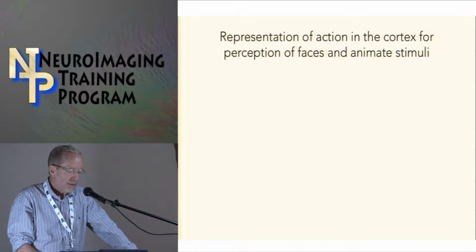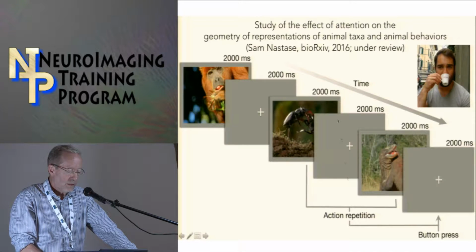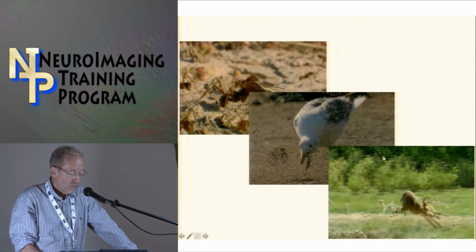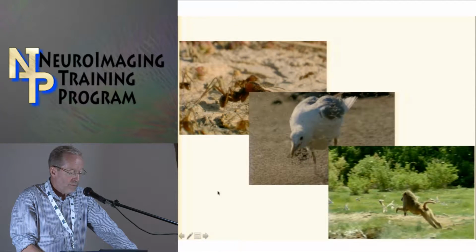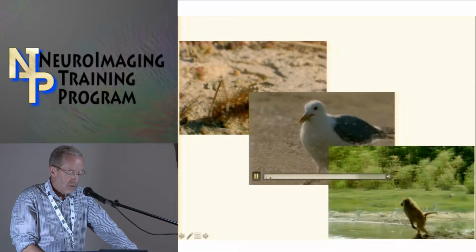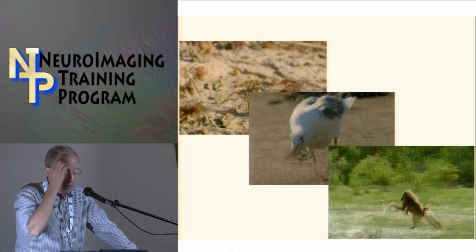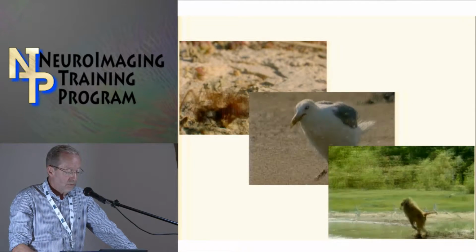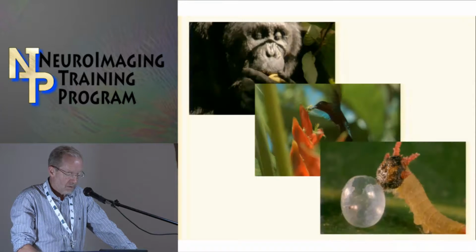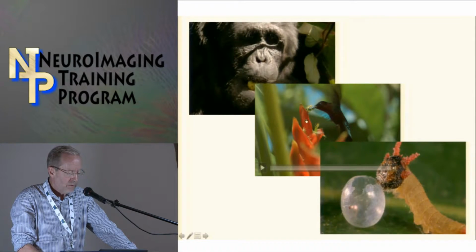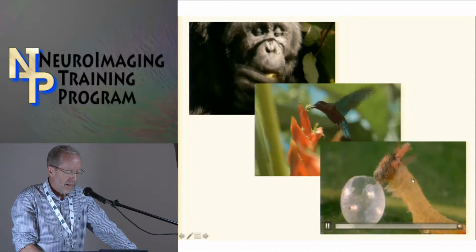Now, the next study I want to show is the study that I talked about in the last talk by Sam Nastase, where it has people looking at these videos of animals doing different kinds of actions. So here we have ants and seagulls and baboons, and they're all running, okay? And now there's the gorilla, the hummingbird, and the caterpillar.